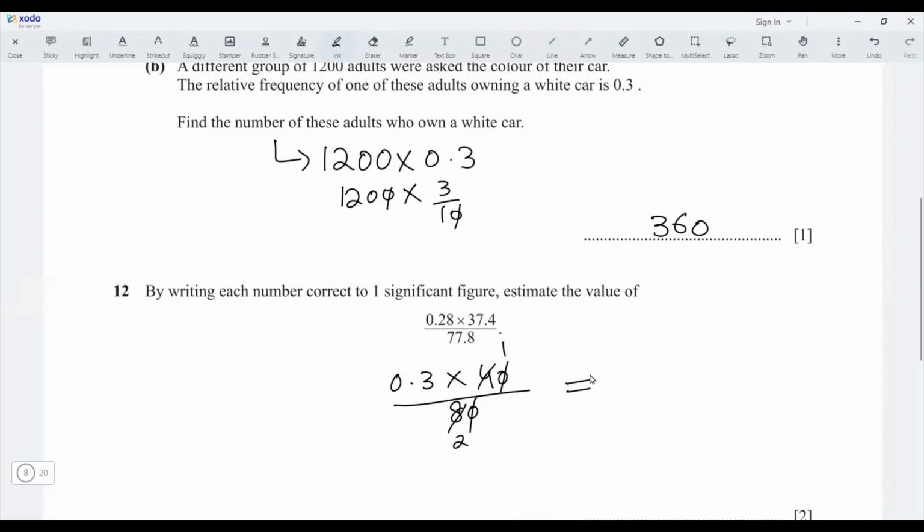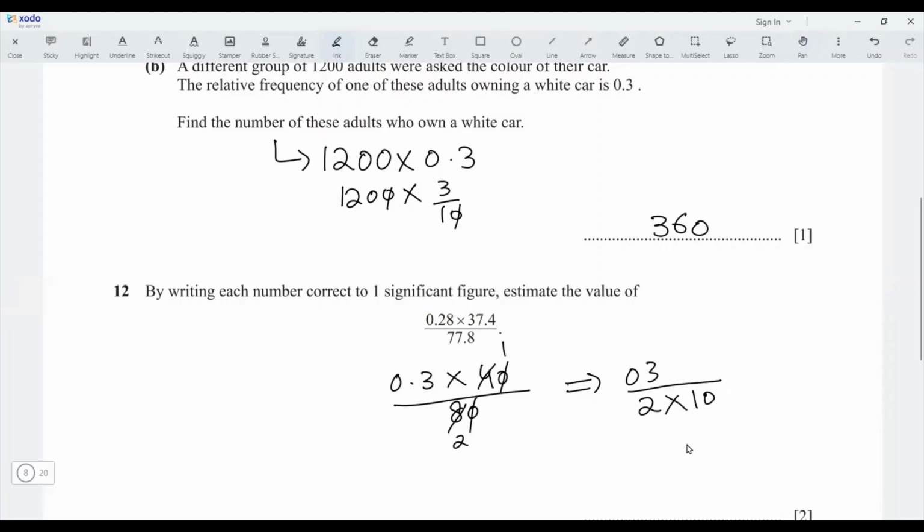So removing that decimal point of 0.3, it will be 3 divided by 2 and times 10.